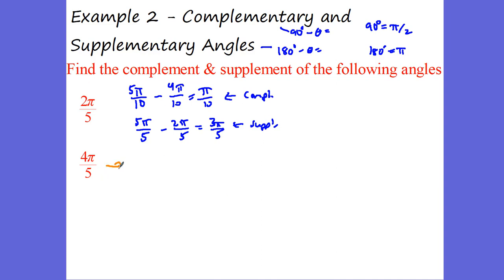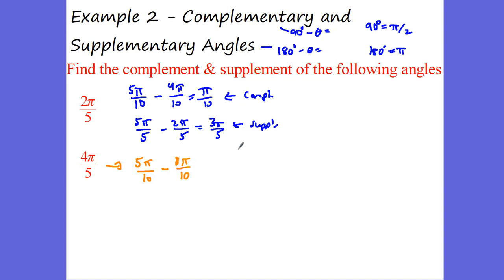So let's try the second one. Let's try to find the complementary angle. Again, we get common denominators. So we have 5 pi over 10, minus the common denominator, 8 pi over 10.